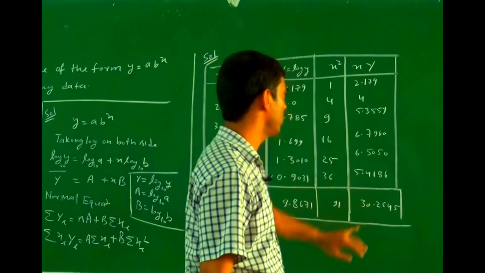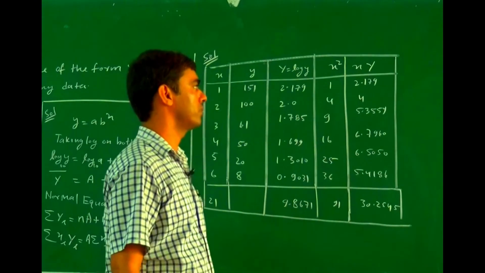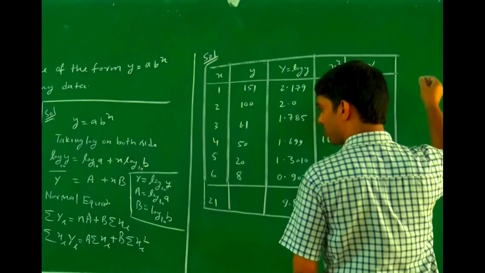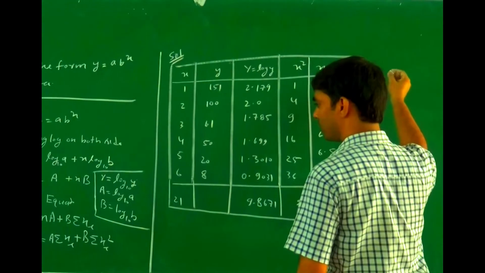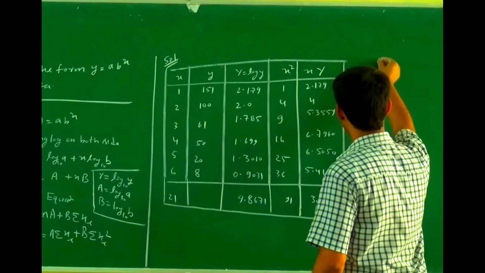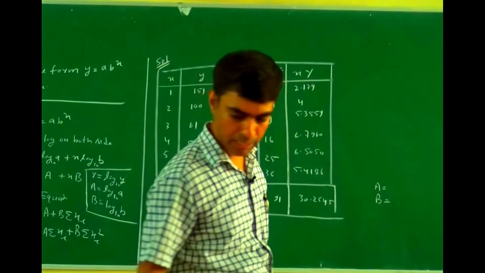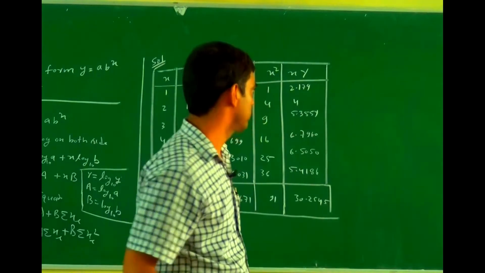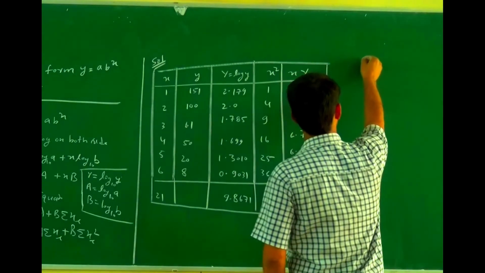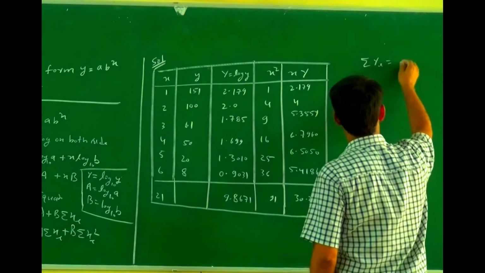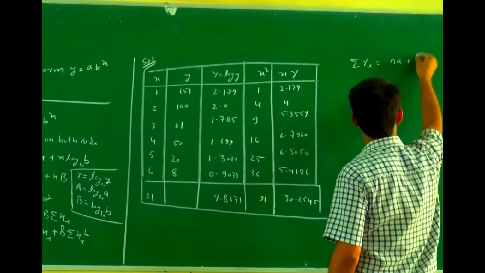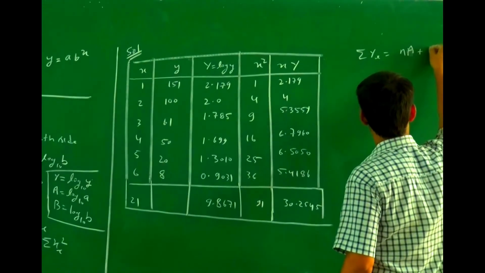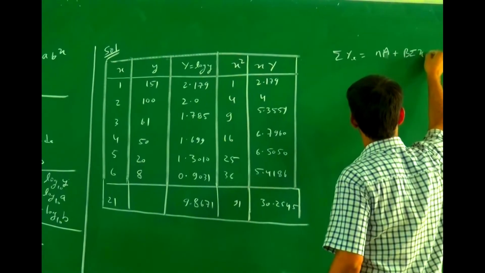Now we put the values of summation of xi, summation of capital yi, summation of xi square, and summation of small x capital Y into the normal equations. So what is the normal equation? The first is the summation of capital yi equals n times capital A plus b summation of small xi.